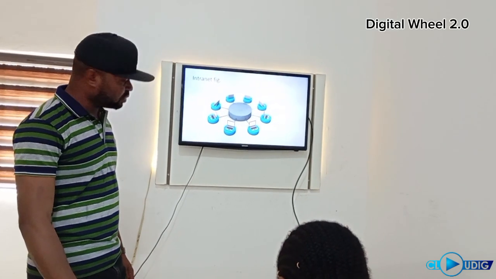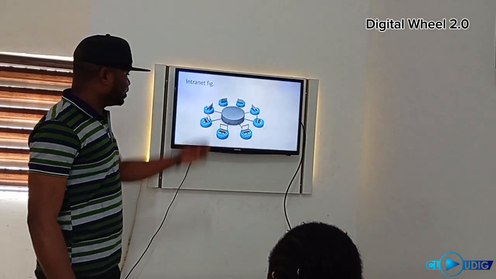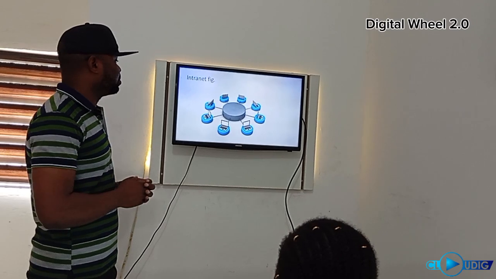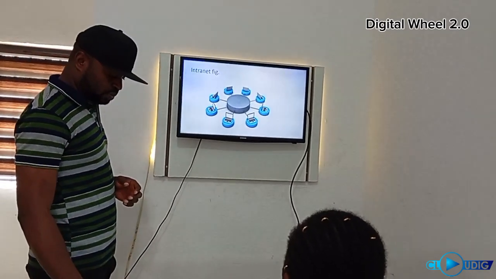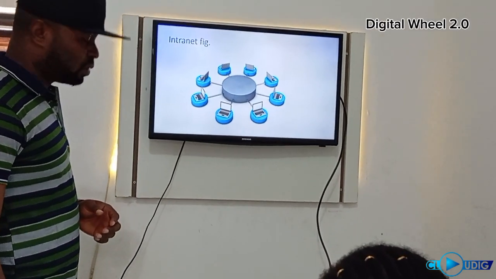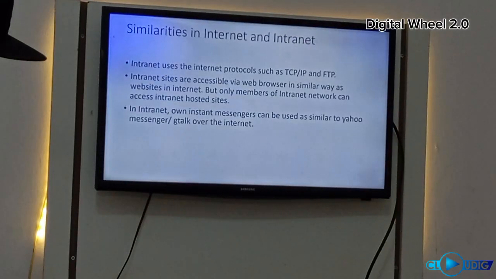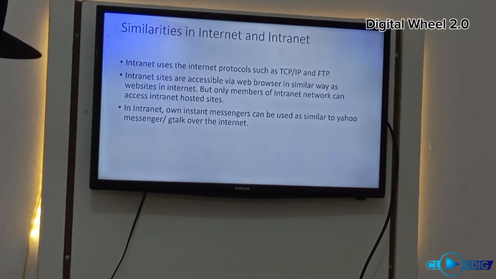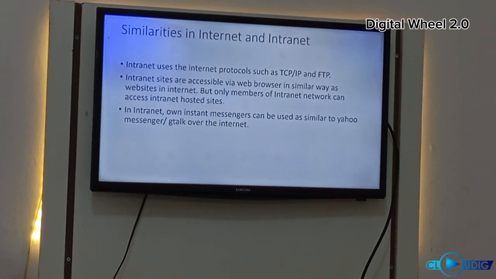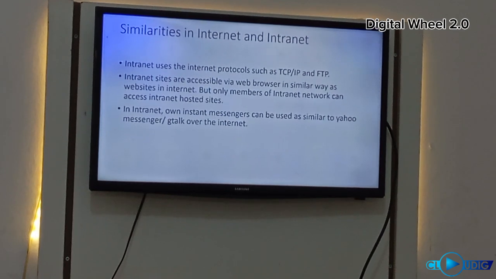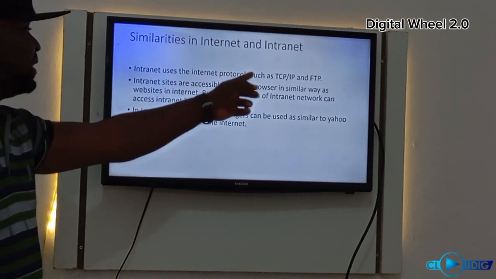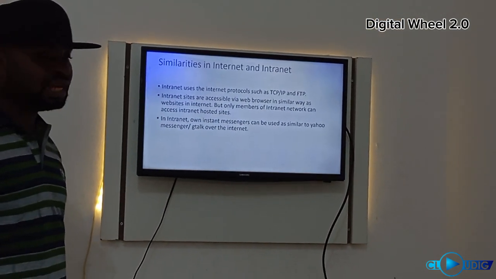We can see a very good graphical representation of an intranet. So it explains itself when you look at it. Alright? So we have similarities between internet and intranet. Intranet uses internet protocols such as TCP/IP and FTP.